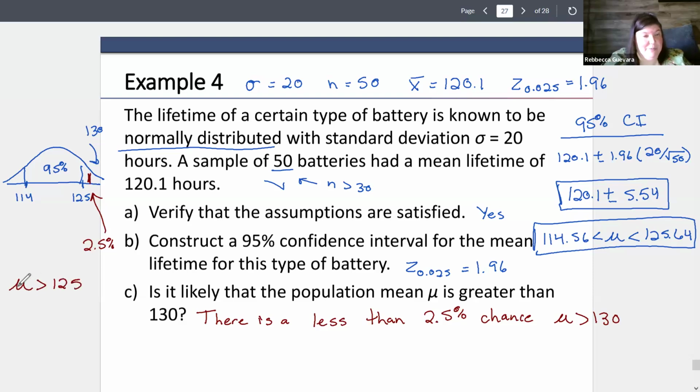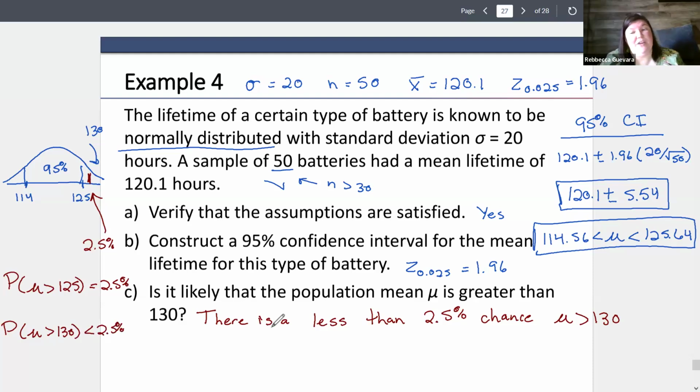So the probability, oops, I forgot my P. Like I said, basically it's this. The probability that my mean would actually be greater than 125 is at 2.5%. So if I went even any higher than that, there's even less of a chance. So there's less than a 2.5% chance that my mean is going to be greater than 130.